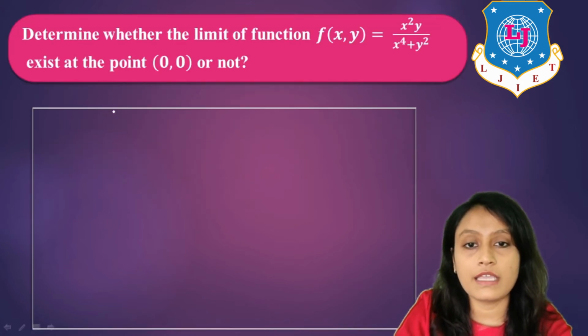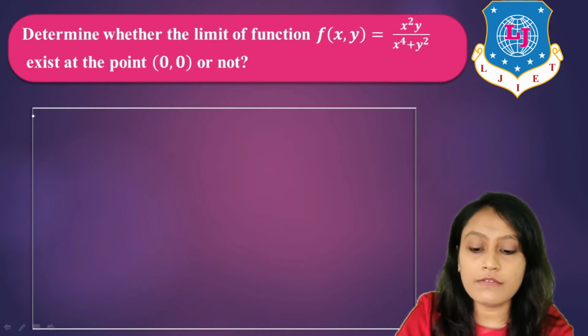Okay, now let's begin with the example. Determine whether the limit of the function f of x, y equals x square y upon x raised to 4 plus y square exists at the point (0, 0) or not. Firstly we will start with path 1.